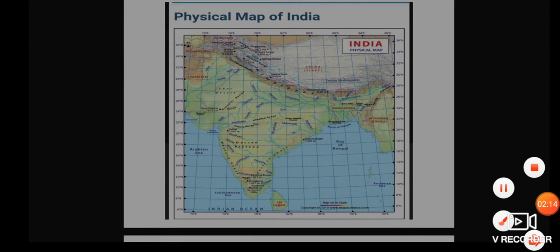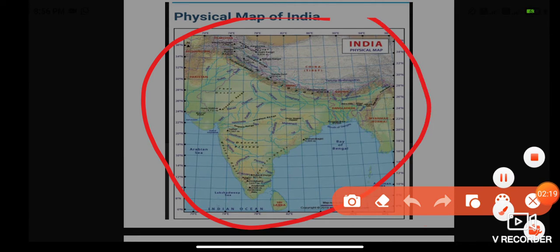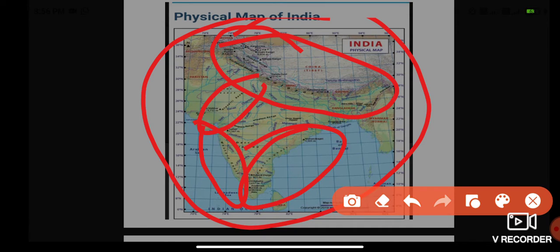This is the physical map of India, which you will find in the atlas. On this map, this area is known as the Himalayan mountain ranges. These are the Aravalli ranges, these are the Western Ghats, and the Eastern Ghats. All these you'll find on the physical map of India.